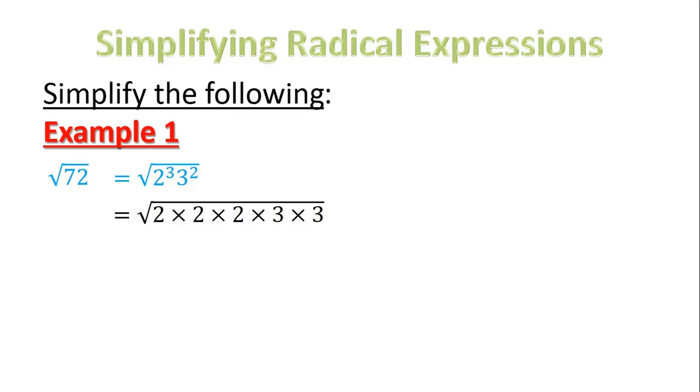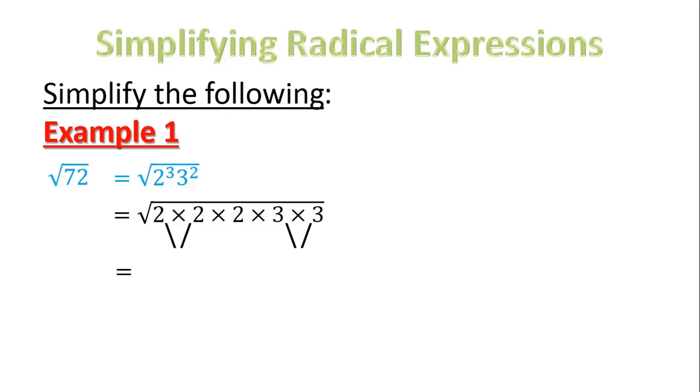Next we have to start pairing, and so if we look at it, we have a 2 times 2 which we pair. Then we have another 2 all by itself, and there's nothing we can do with that yet. And after that we have a 3 times 3 which we can pair. Let's see how we go from here.